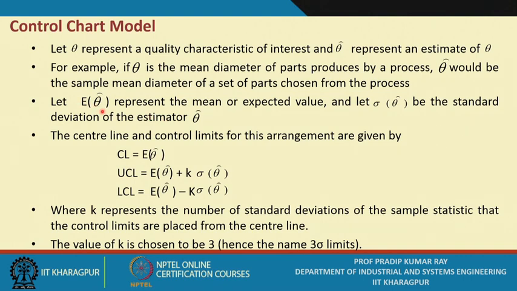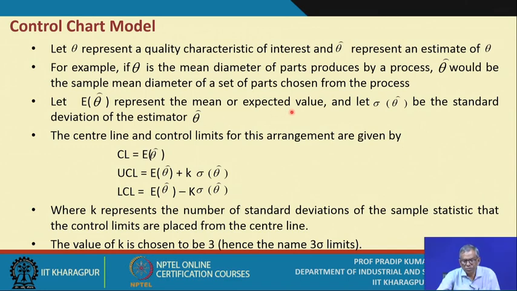So what is the expected value of theta hat? It represents the mean or expected value, and against theta hat you have several sample values. From the several sample values you can calculate its standard deviation. The notation is sigma theta hat, the standard deviation of the estimated theta hat. What will be the expression for the central line?